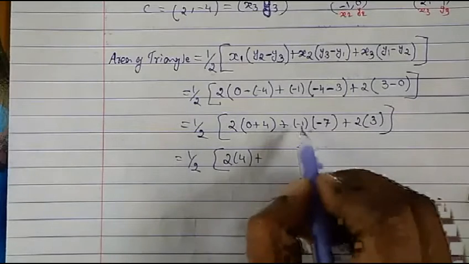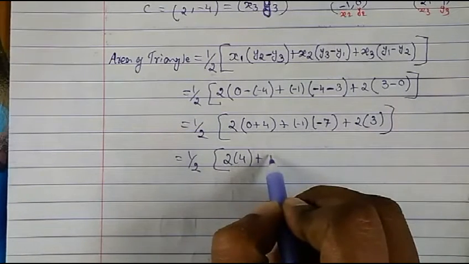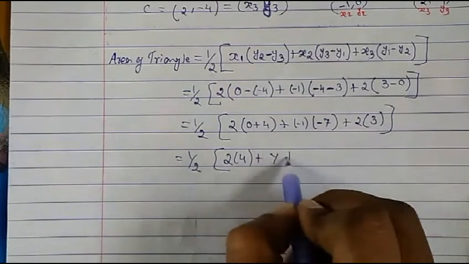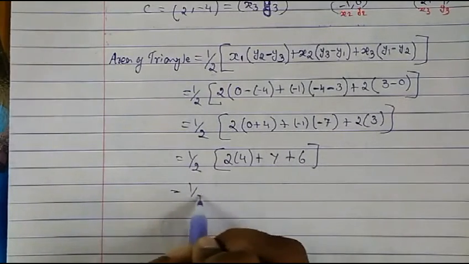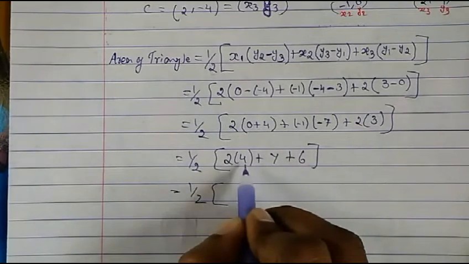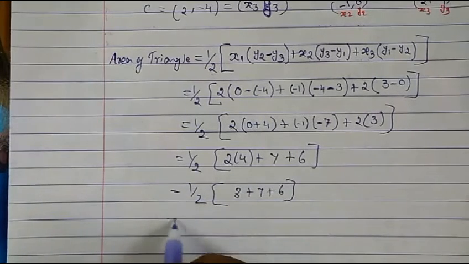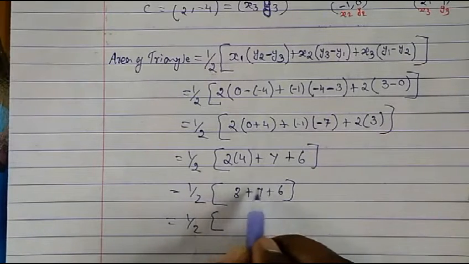Then 2 times 4 is 8, plus minus into minus will become plus, 1 times 7 is 7, plus 2 times 3 is 6.